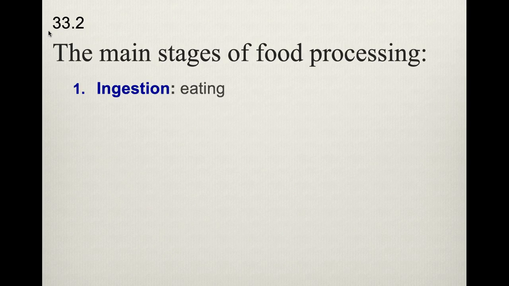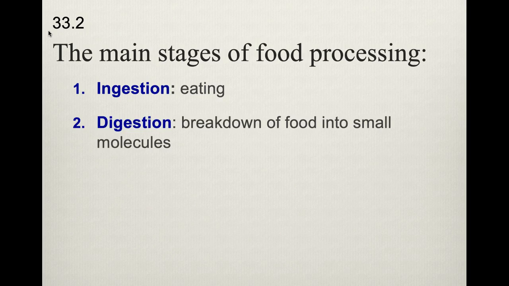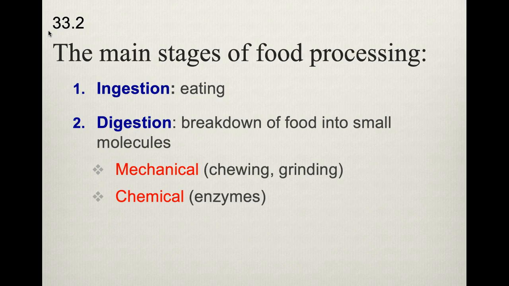Step 1 is ingestion, the process of eating or feeding. Step 2 is actual digestion, the breakdown of food into smaller molecules. And there are 2 types of digestion. Mechanical, which is physical chewing and grinding, and then chemical, which is enzymes that help to take apart that food into smaller molecules.